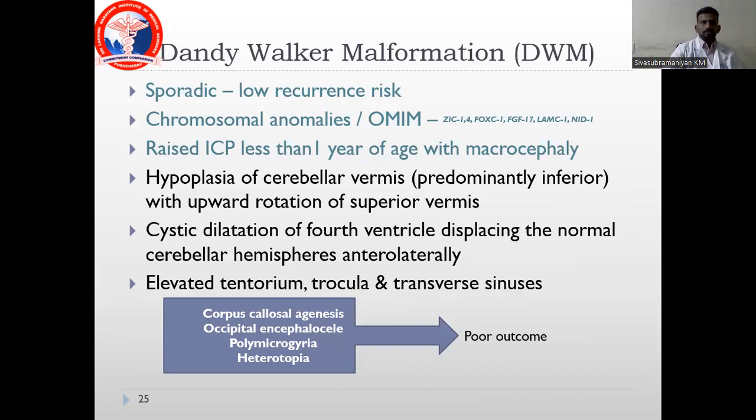The key findings are a cerebellar vermian hypoplasia, which is inferior with upward rotation of the superior vermis, and a cystic dilatation of the fourth ventricle that displaces the normal cerebellar hemispheres anterolaterally. And you also have an elevated tentorium, torcula, and the transverse sinus. This is called torcula-lambda inversion. And then you also have other associated abnormalities that predict a poor outcome, like corpus callosal agenesis, occipital encephalocele, polymicrogyria, or a heterotopia.